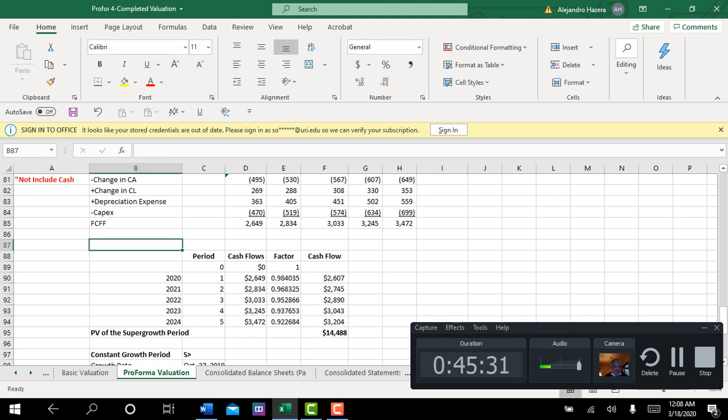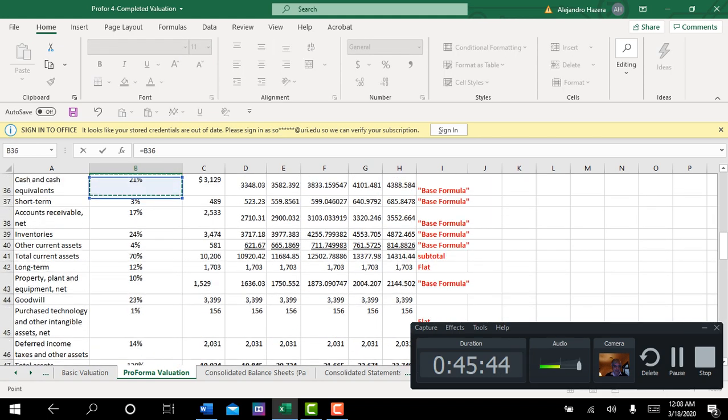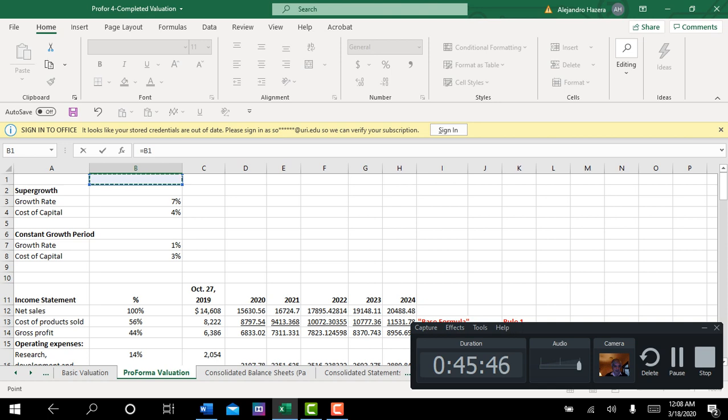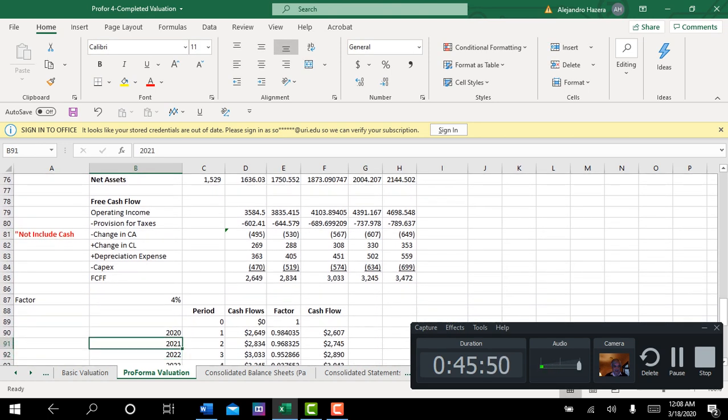I'm just going to put in a separate line that says factor here, just so it's more current to this calculation. And that factor is going to be equal to the factor I have way up here, which is the cost of capital up there, just to make sure.